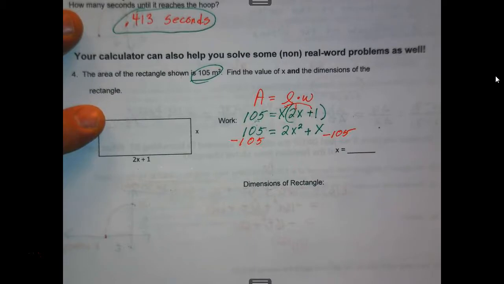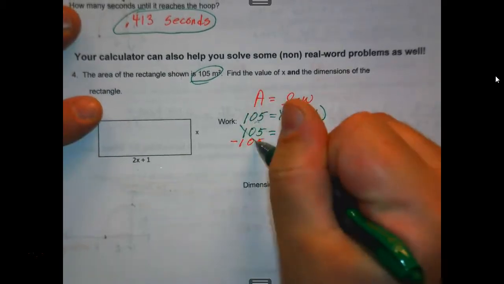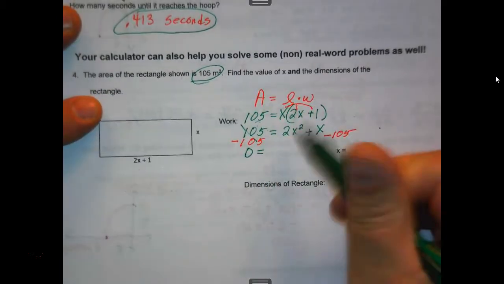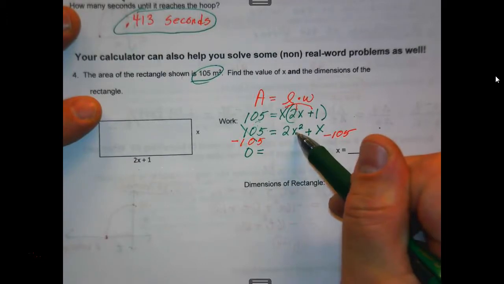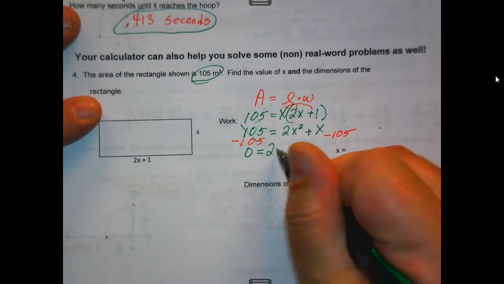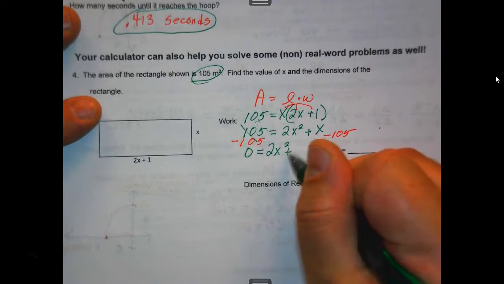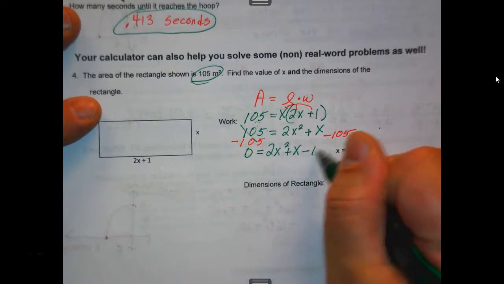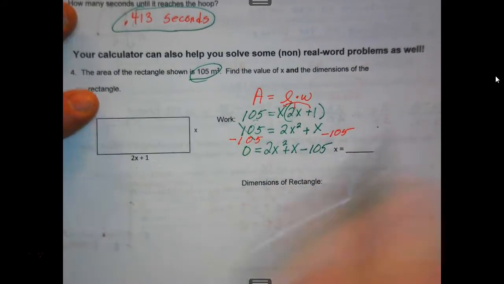That gives me my 0 over here. And my quadratic function then in standard form, 2x squared plus x minus 105. Okay. So I'm going to plug that into my calculator.